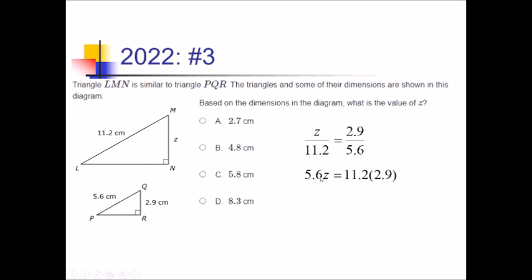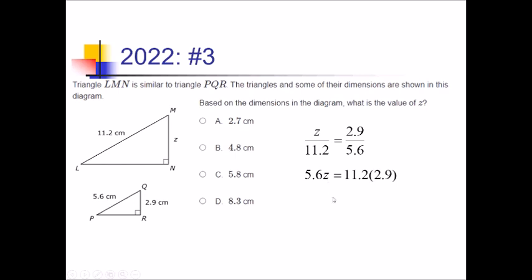To get z by itself, at some point I have to divide by 5.6. Now, that means I have to divide one of the things over here by 5.6, not both of them. Between the two of them, I would rather divide 11.2 by 5.6, because that has a value of exactly 2.